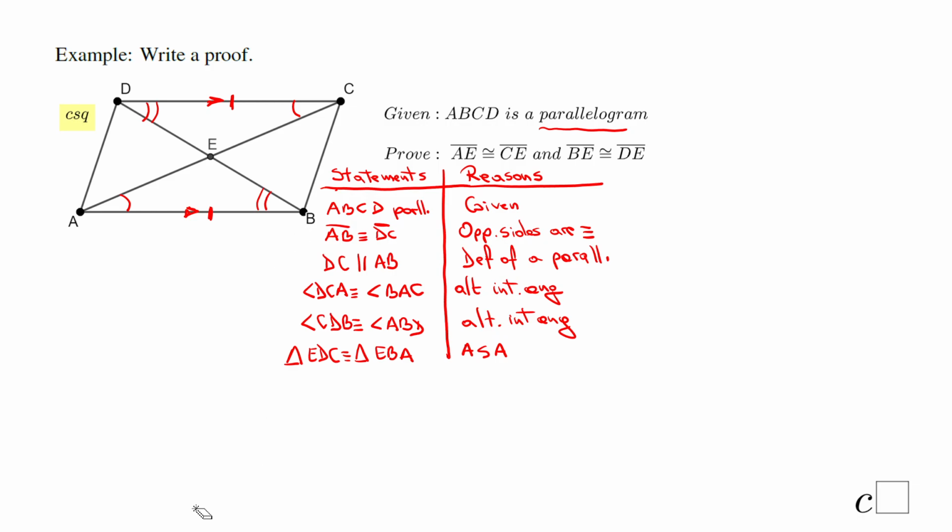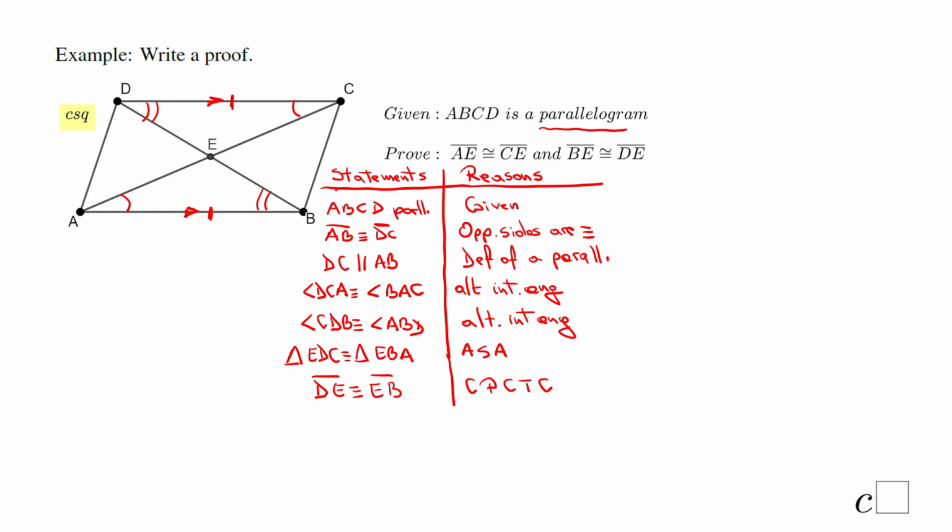And now what? Now, because these two triangles are congruent, the corresponding parts of congruent triangles are congruent, which means what? DE congruent with EB, and remember what I said? Corresponding parts of congruent triangles are congruent.